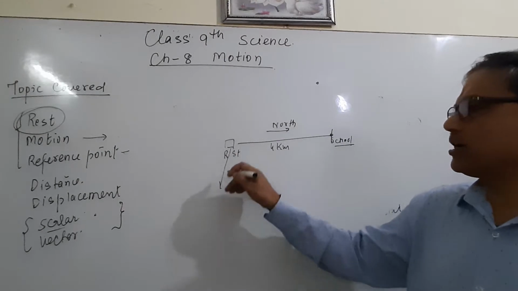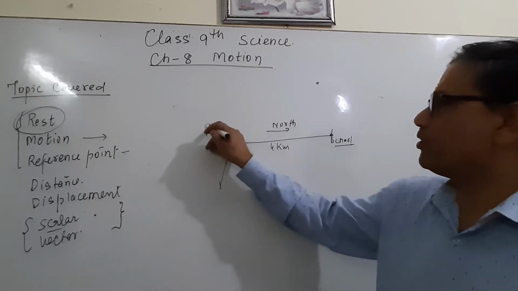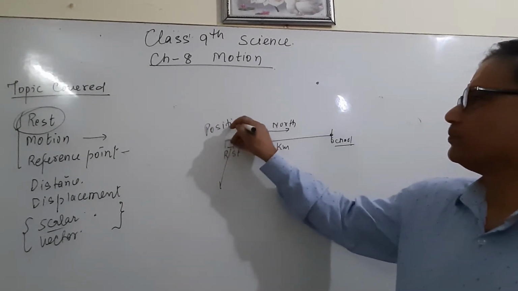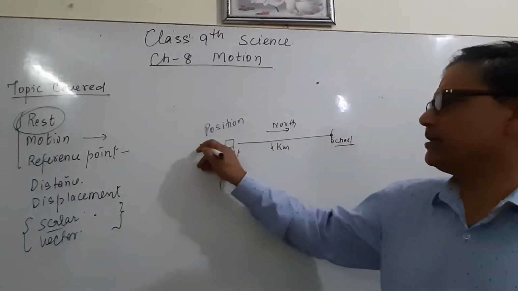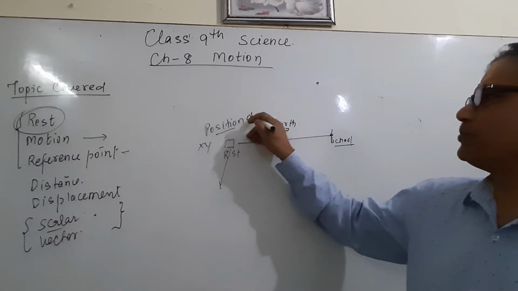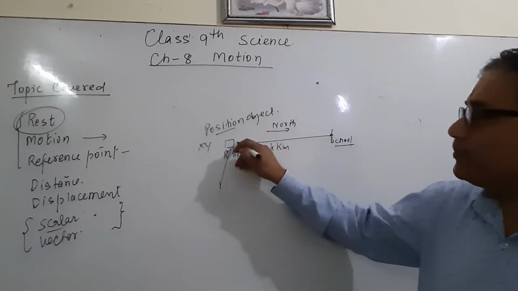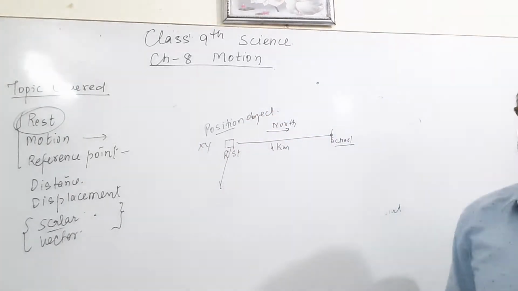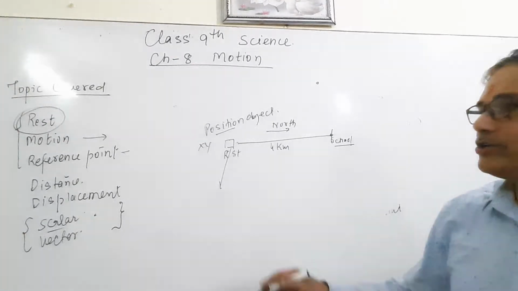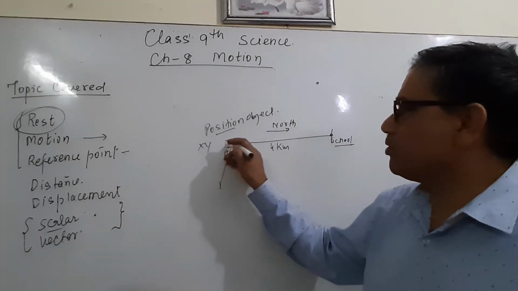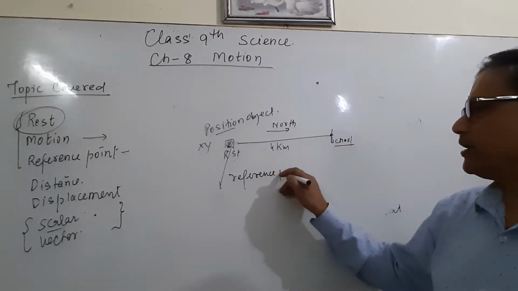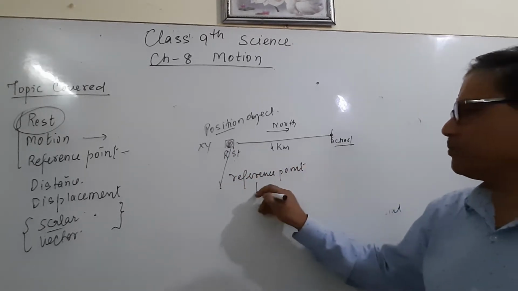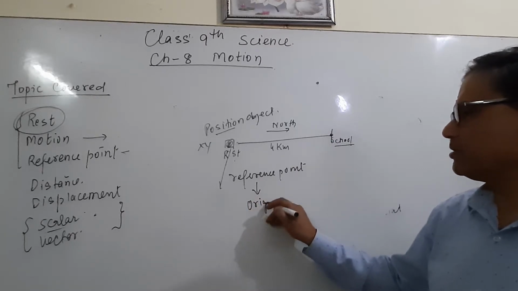That starting point means the position of the object, whether it is the railway station, whether it is Hansa sir, whether it is X, Y, Z. The position of the object which describes the motion is known as the reference point. And this reference point is generally known as origin.